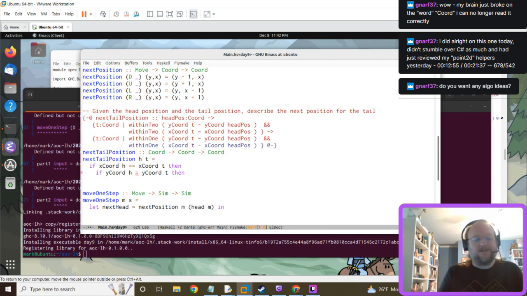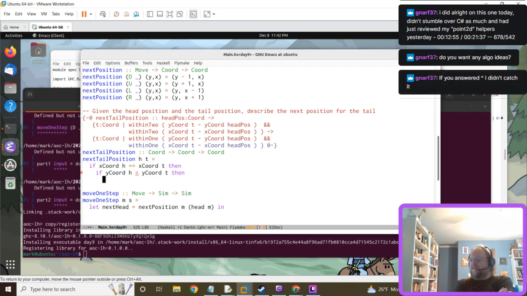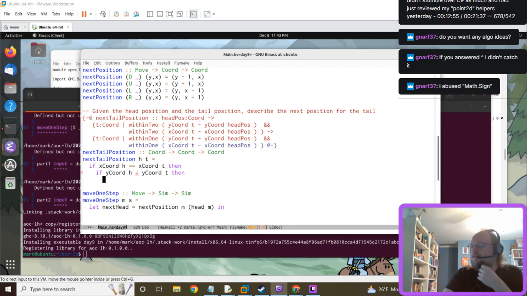All right, so if they're both equal, is there a more idiomatically Haskell way? I mean, there's pattern matching, but... do you want? Oh, algorithm ideas. Sure, I'm willing to take it. I'm not proud. Hmm.